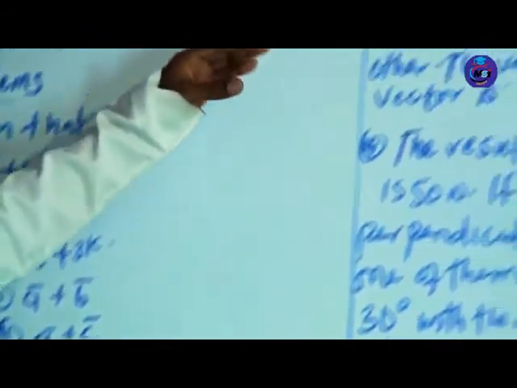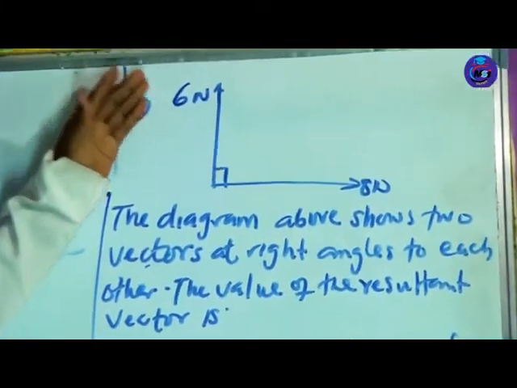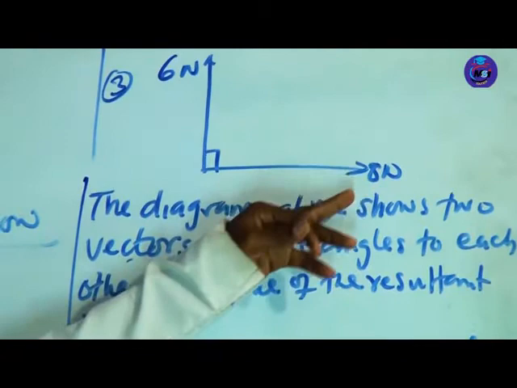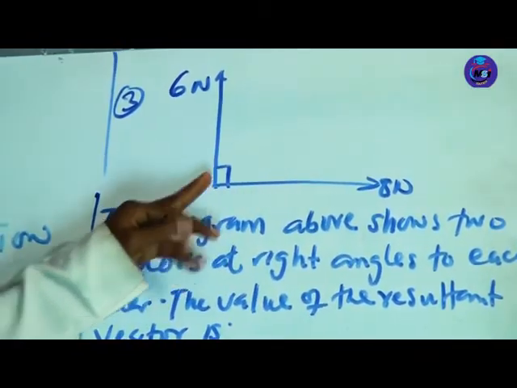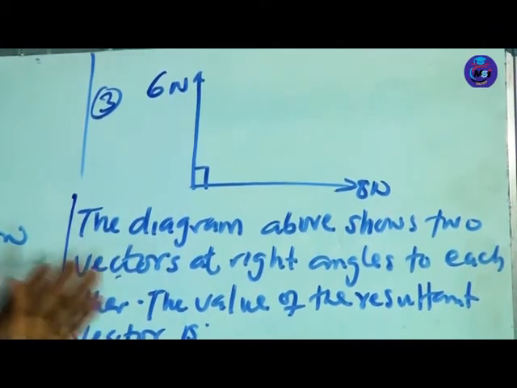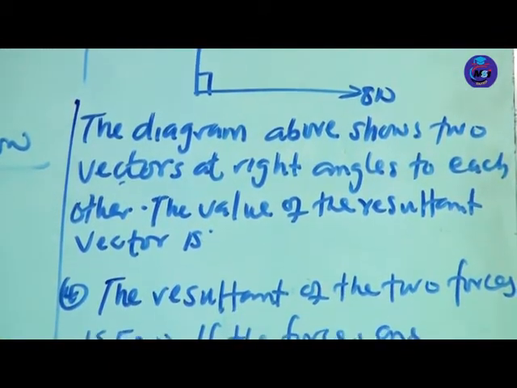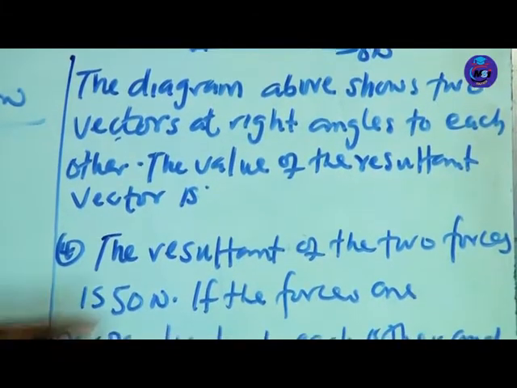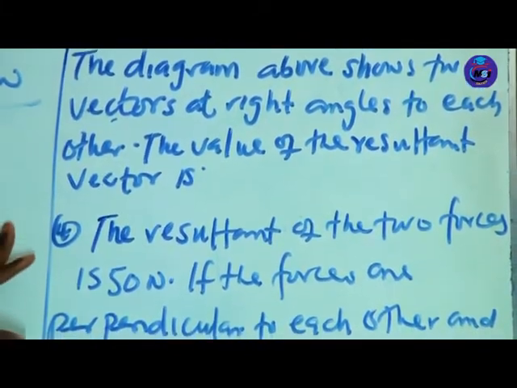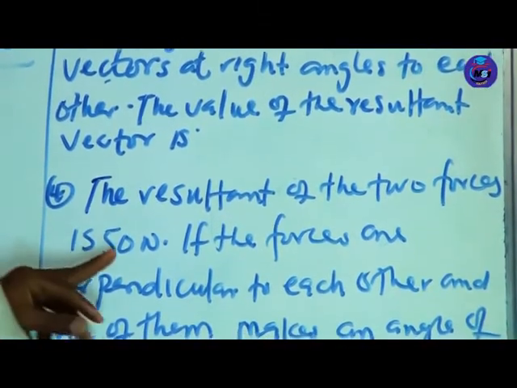The third problem: 6 Newton on the y-axis, 8 Newton on the x-axis, perpendicular to each other. The diagram above shows two vectors at right angle to each other. You have to determine the value of the resultant vector. Question 4: the resultant of two forces is 50 Newton.